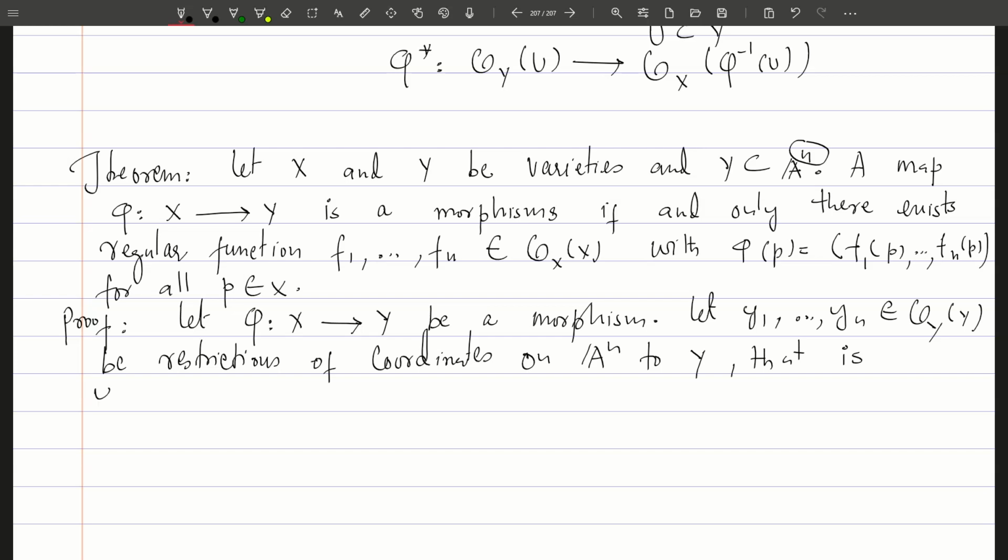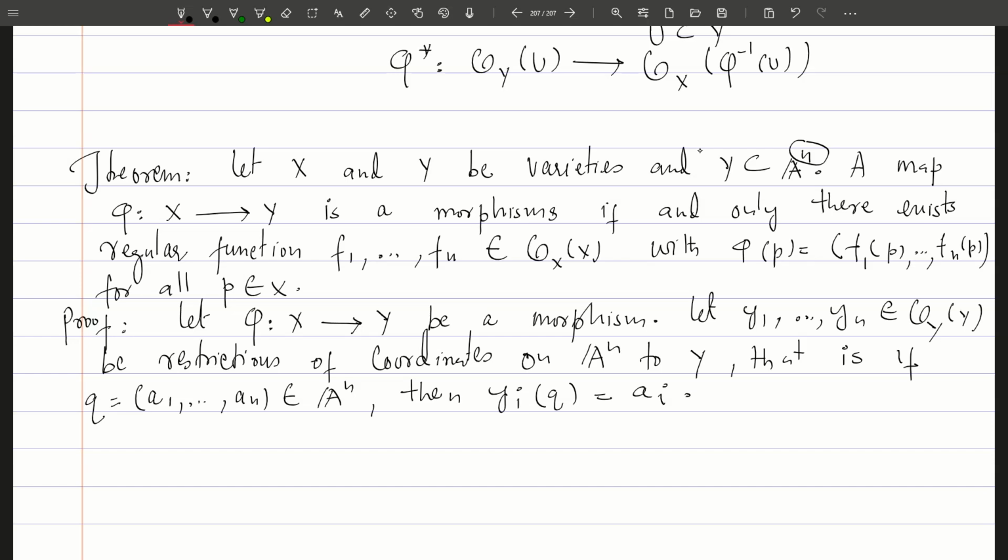That is, if q is some point in A^n, say (a1, up to an), then when we evaluate yi at q, it gives us the ith coordinate of q, which is ai. So obviously they are regular functions on the whole of y.